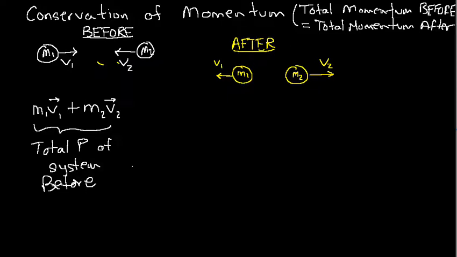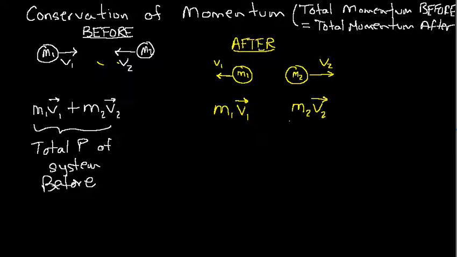Over on this side, we have a momentum too. This object has a momentum of its mass times its velocity, and again that would be a vector quantity. This object has a mass m2 with some velocity v2.